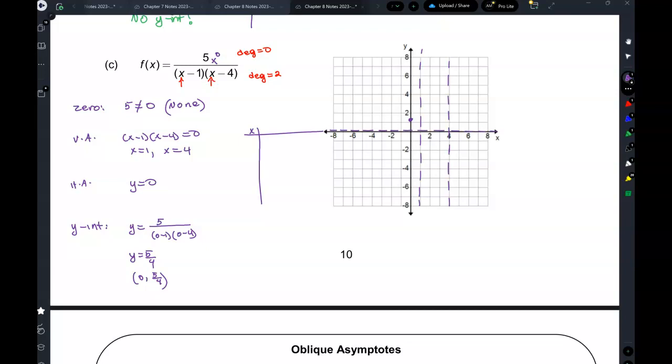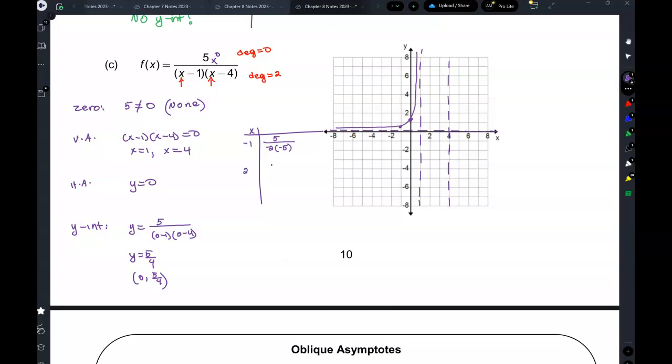Why don't we plug in -1? 5/2 times -5, that's 1/2. So this side looks like this.